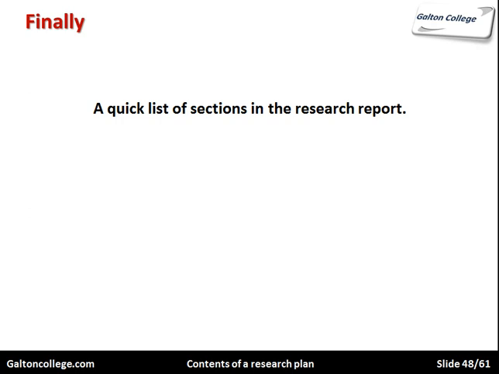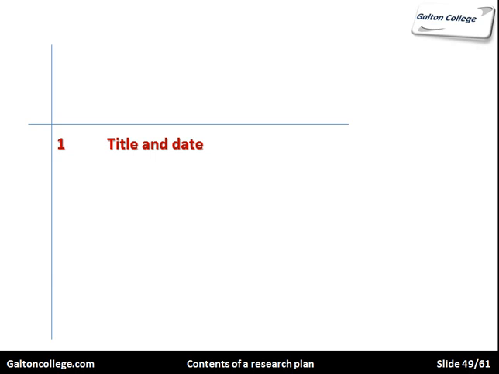Now finally, let's have a quick list of sections in the research report. This is just a very quick list, very quickly done. We have the title and the date. We have the preface and the acknowledgements. Number 3, we have the table of contents.